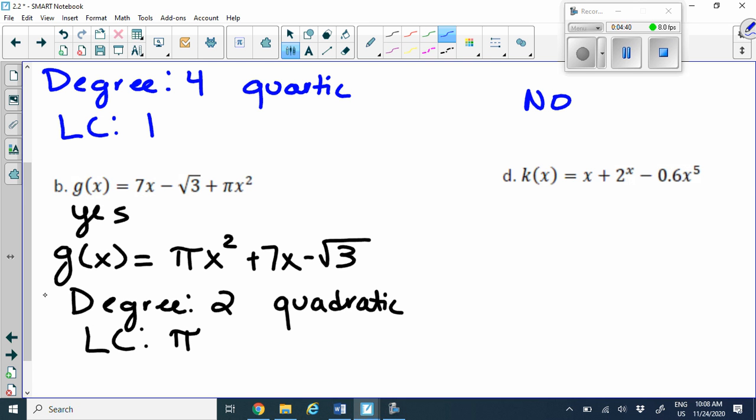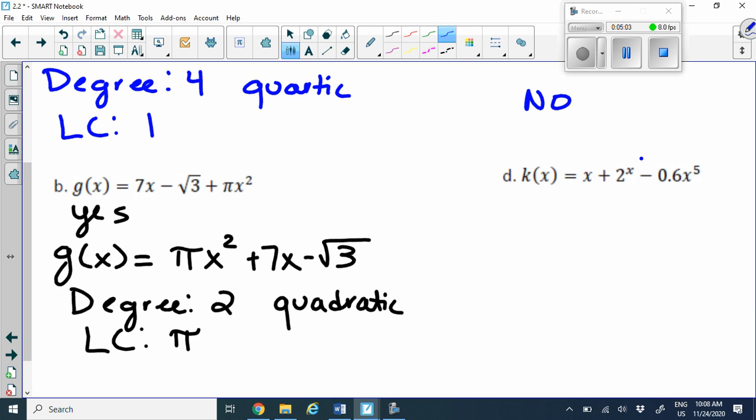We have k of x equals x plus 2 to the x minus 0.6x to the fifth. Okay, first thing is, is our leading coefficient a number other than 0? X to the fifth, so that's 5, is going to be our largest exponent, so this would be our first term. And negative 0.6 is a number other than 0, so we're good to go. Now, are all the exponents whole numbers?